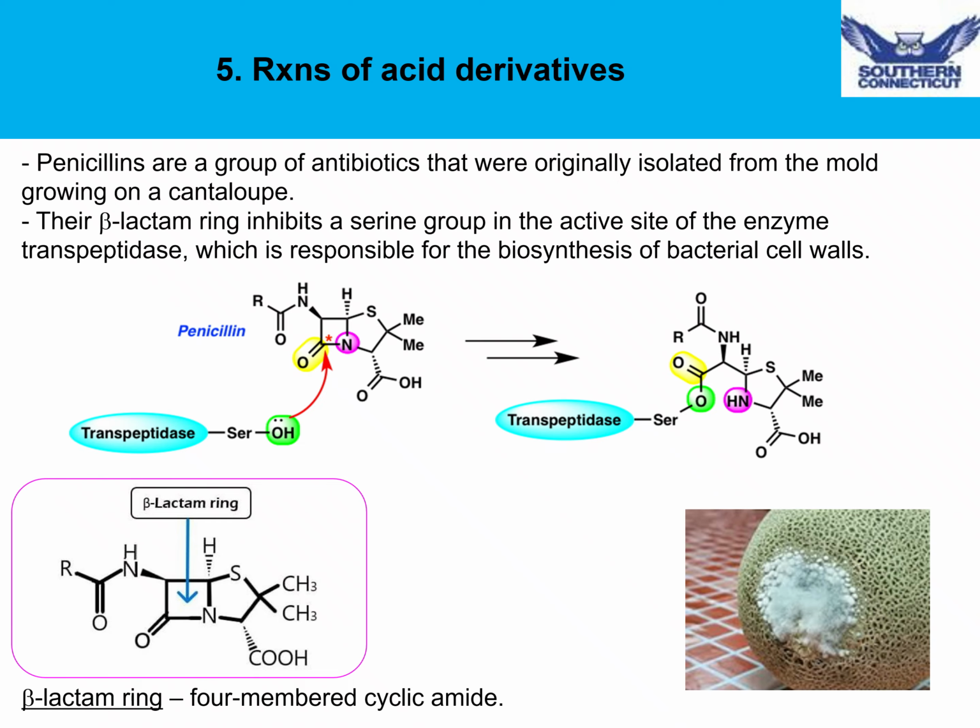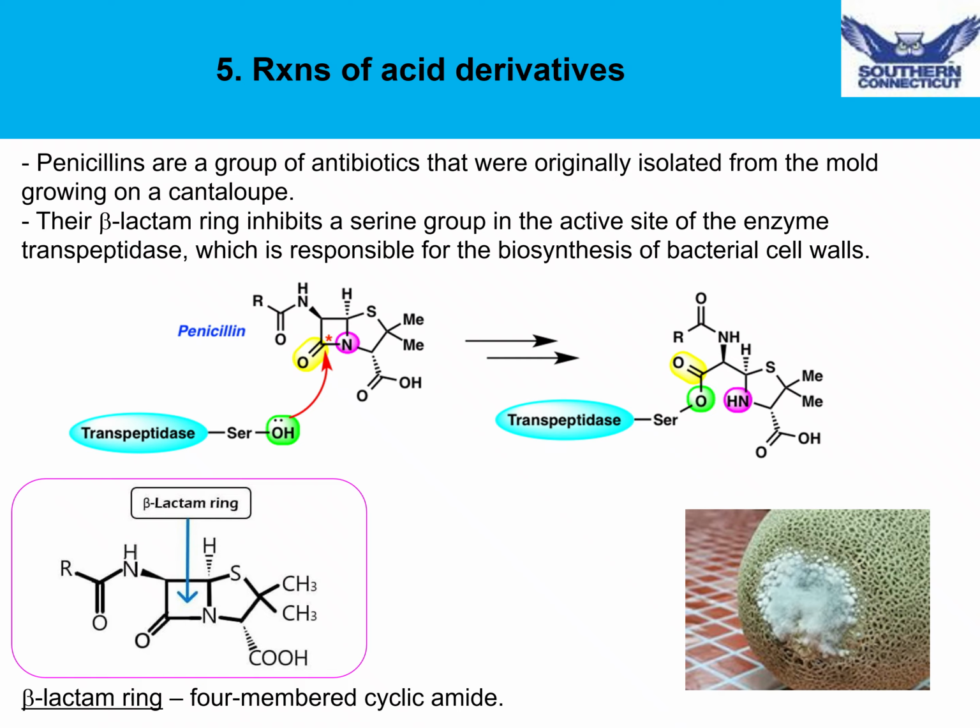Beta-lactam antibiotics such as penicillin were among the earliest discovered antibiotics. Penicillin was originally discovered from a mold growing on a cantaloupe back around the 1930s, and then it was developed into an antibiotic eventually in the 1940s. Antibiotics are one of the main reasons why the life expectancy of humans has drastically increased from the 1940s until now.